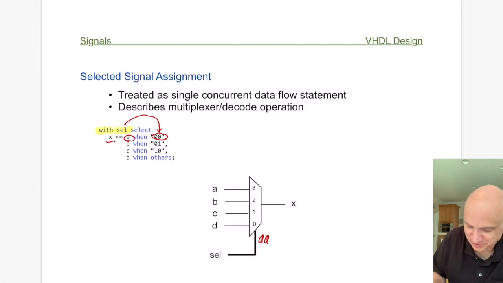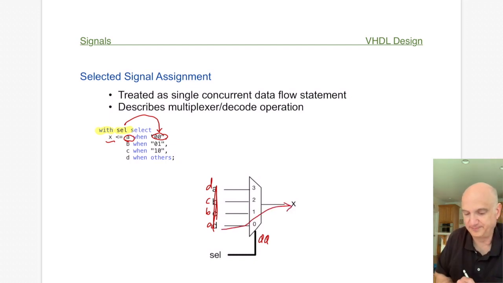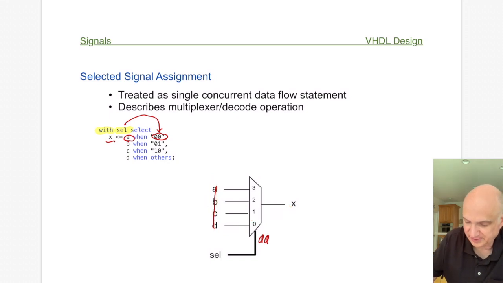This actually should be D, C, B, and A. So if it's 0, it will be A, and A will pass through to X that way. If it's 0, it selects the input A and passes that out to the output. Now let's fix that again. I'll fix that on the handouts. D, C, B, and A.